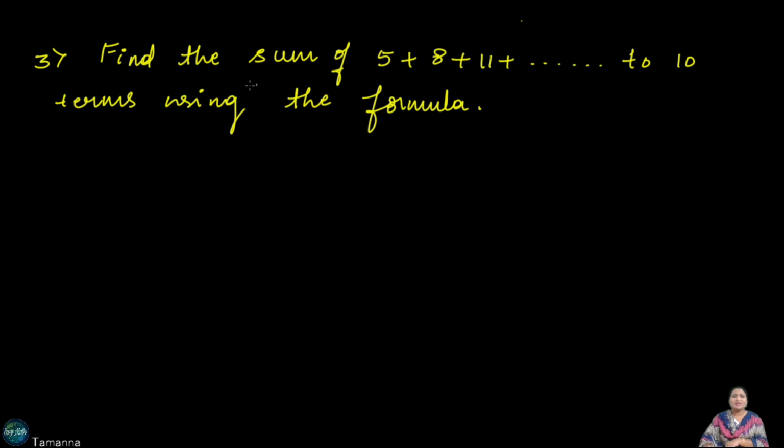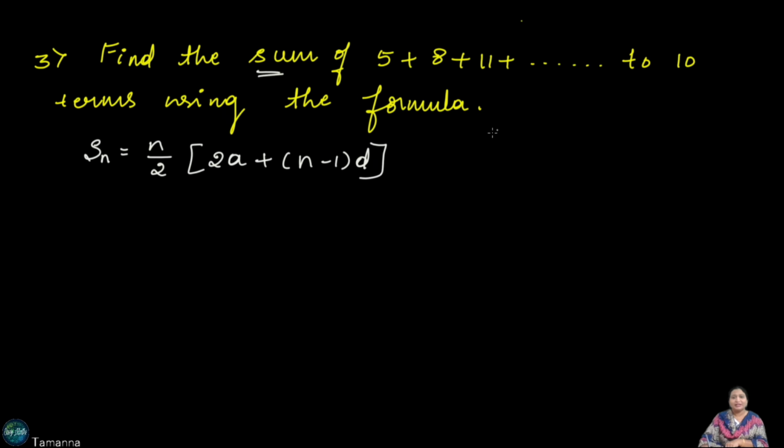So when the sum is given, automatically we know that the sum formula is Sn is equal to n by 2 into 2a plus n minus 1 into d. See here, this type of question is given because the first MCQ and the fill in the blanks are regarding the an formula, and the 2 marks question is regarding the Sn formula.